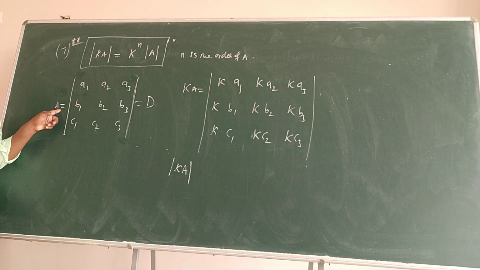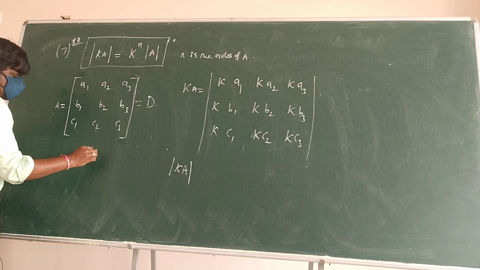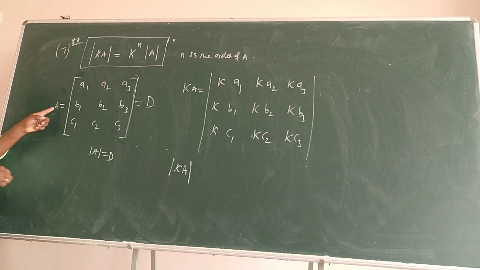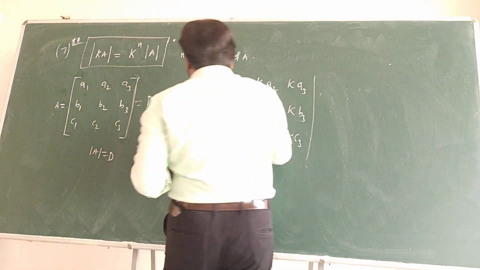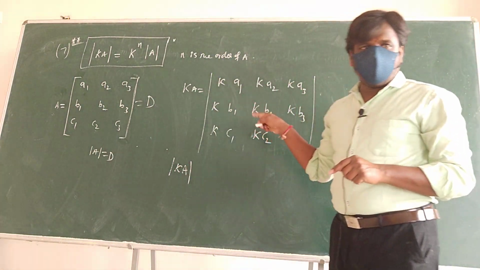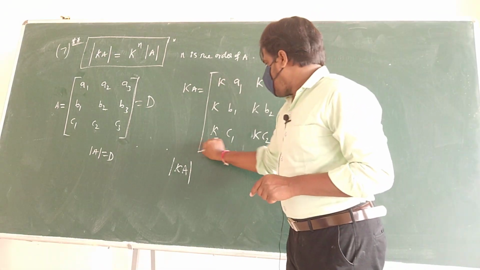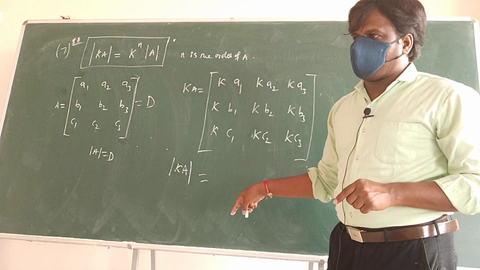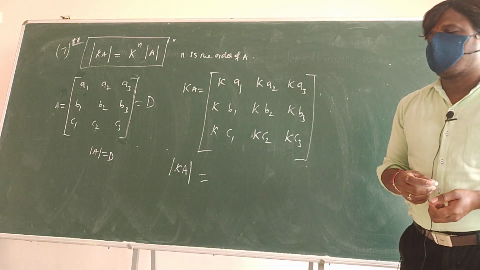This is the A matrix, and the determinant of the A matrix is D. This is the kA matrix, and the determinant of the kA matrix will be what you get? K power?